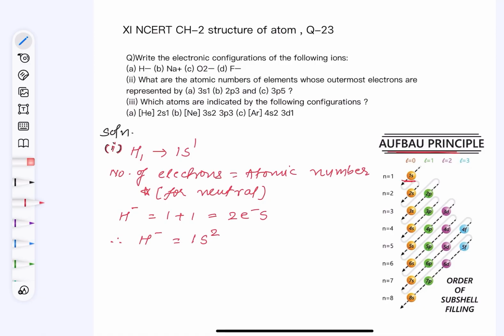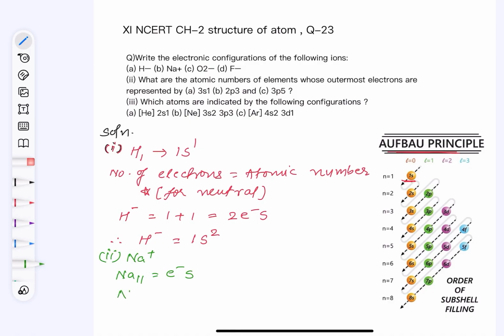Now similarly, the second one they are asking is the sodium ion. Again, the number of electrons is equal to the atomic number. Sodium has atomic number 11, so it will have 11 electrons.